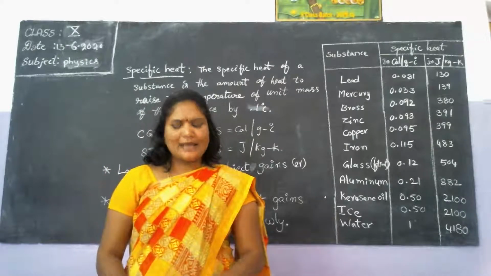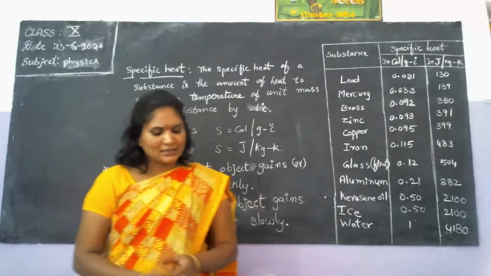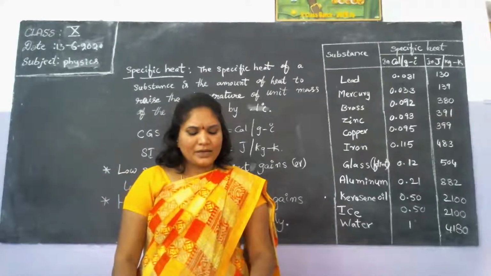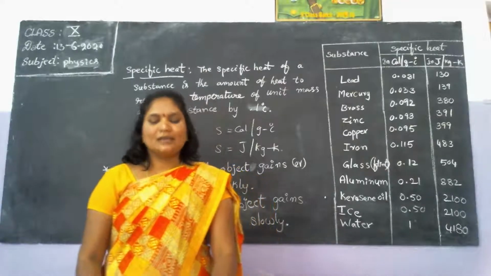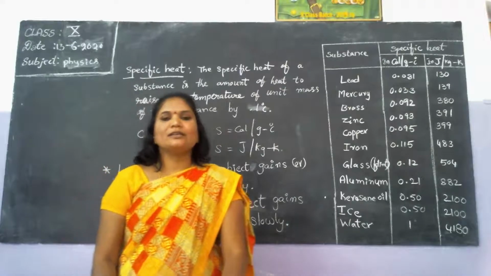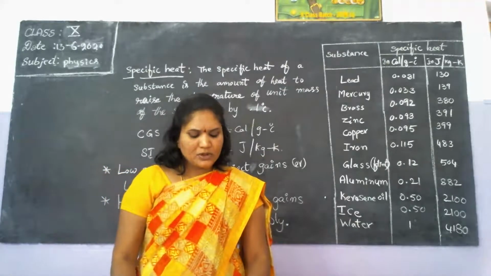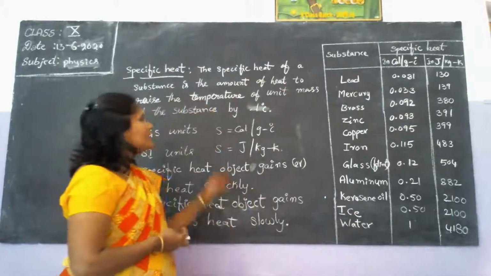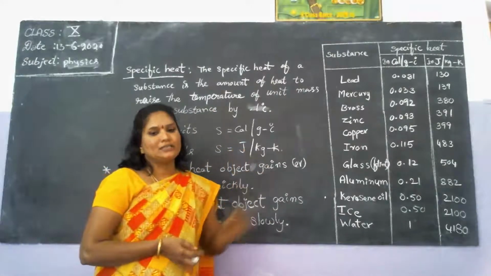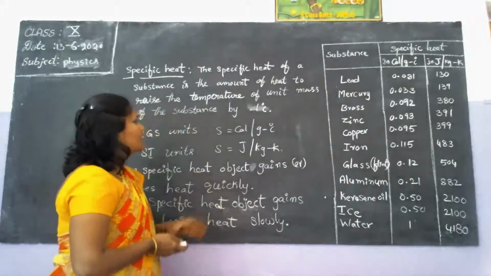The total energy of the substance is what we call the internal energy of the system. So specific heat depends on the nature of the substance.